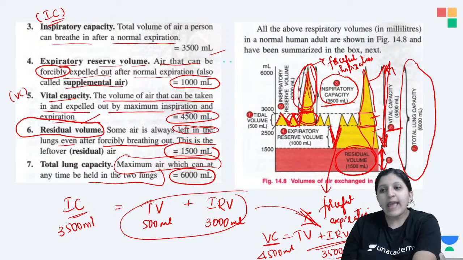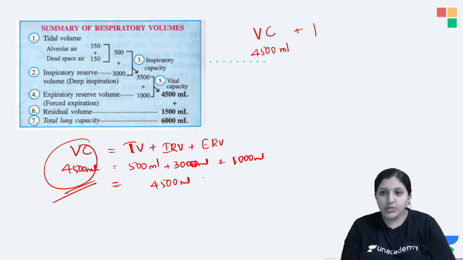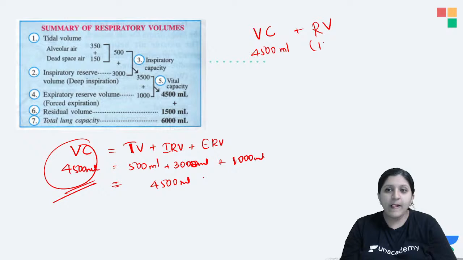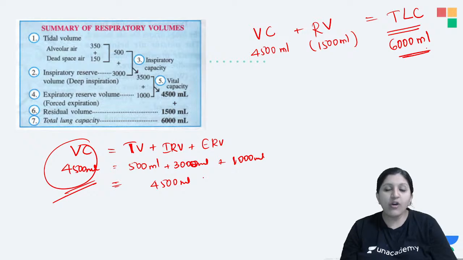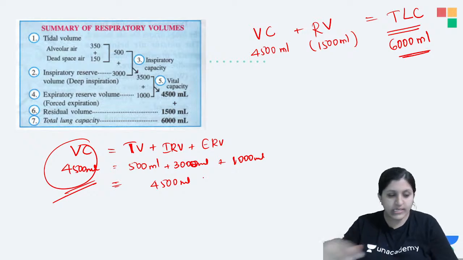Then we have the residual volume, RV, which is about 1500 ml. So this is going to give us the total lung capacity. Together we are getting 6000 ml of air.